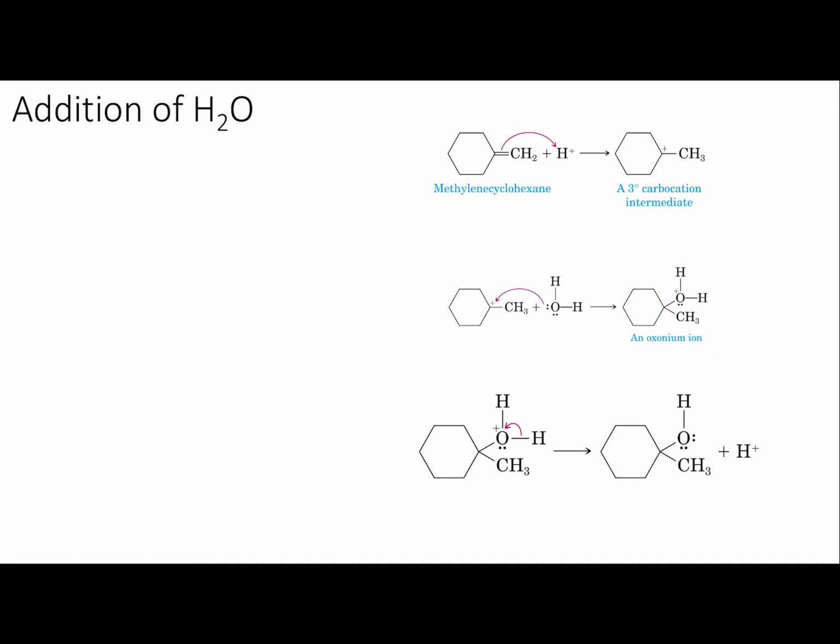Let's look at the mechanism very fast. Step 1, add a proton. Protonation. If I ask you guys what is a common first step in reaction mechanisms, you should say something like protonation, or accepting a proton, or somebody donating a proton.